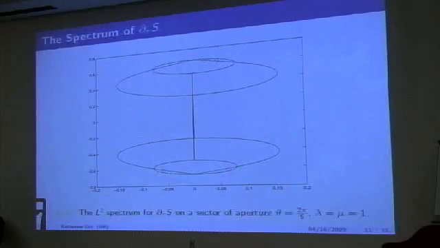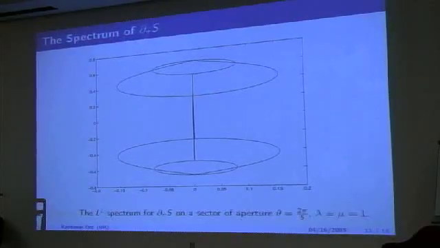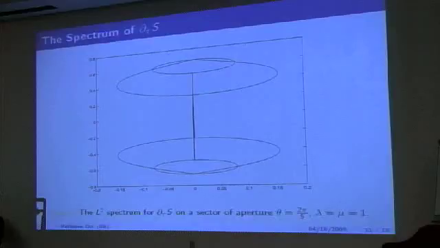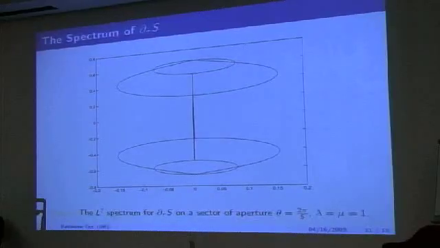Okay. Now what you see on this slide here is actually a picture of the spectrum of this operator. So I'm, again, examining the spectrum of the tangential derivative of the boundary version of the single layer potential operator. In this picture, I'm taking a sector of aperture theta equals 2 pi over 5, and I've set my Lamé moduli to both equal 1. And what you see in front of you is actually the complex plane.